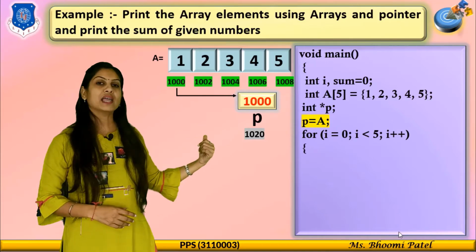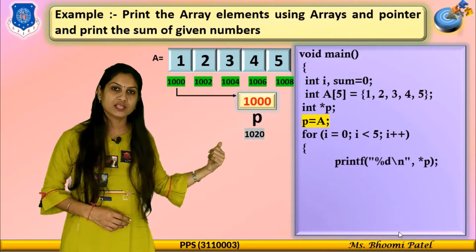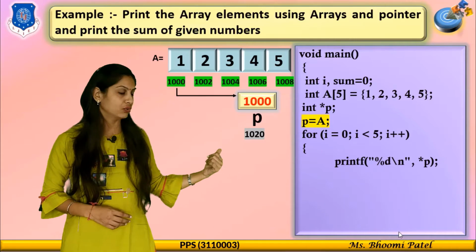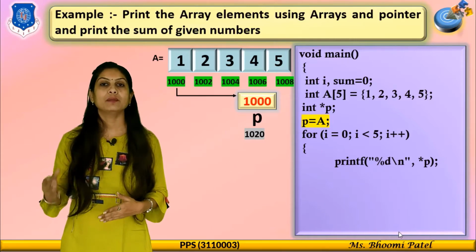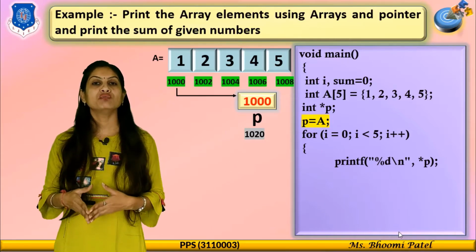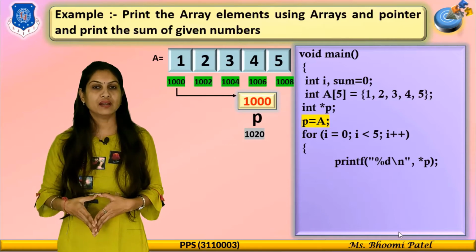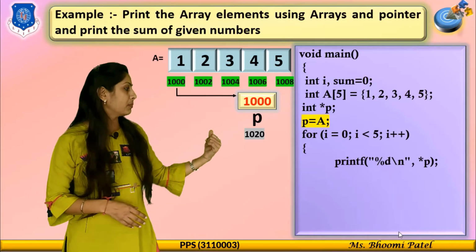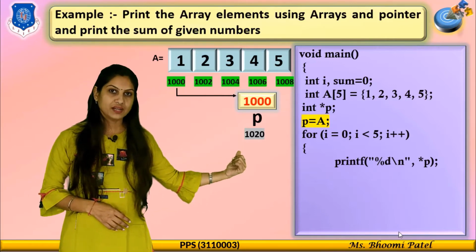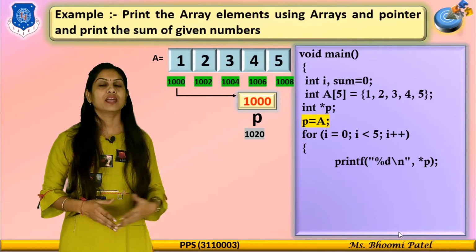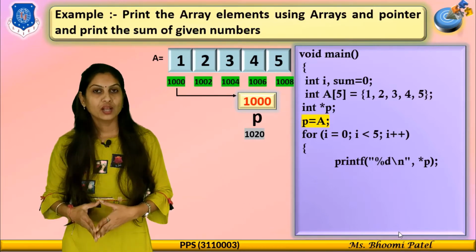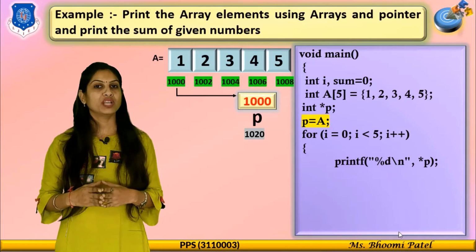Then we have to use the for loop for the number of elements, that is 5 different elements, and for that I always start with index 0 because the array starts with 0, then i less than 5, i plus plus. Inside it we print the array elements using the syntax printf, then %d \n and then value of star p. So star p I am putting again.